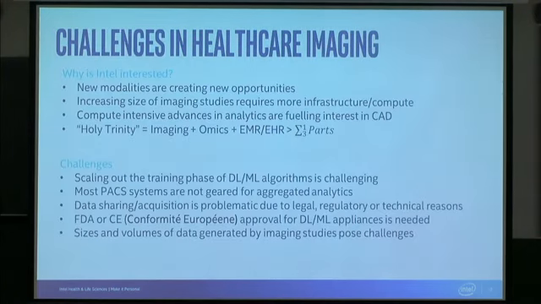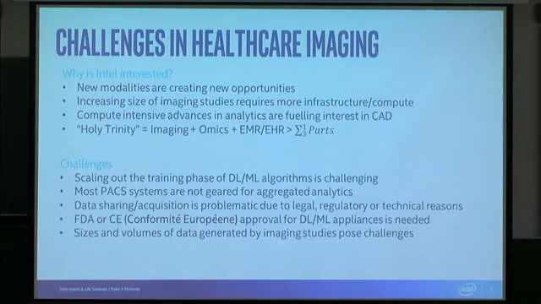And what are the effective challenges here? If we talk about deep learning and machine learning frameworks, scaling the training phase is difficult because if you have tons of images, you have to pass them through the deep network and then also propagate the gradients back.